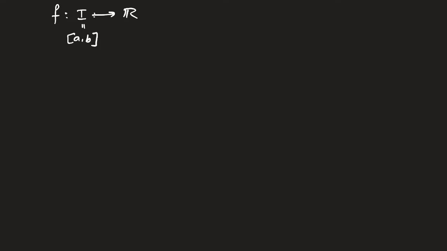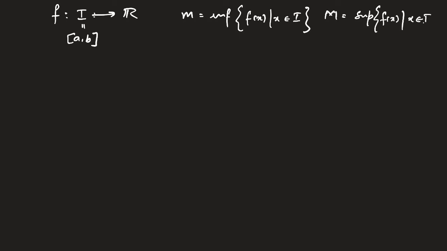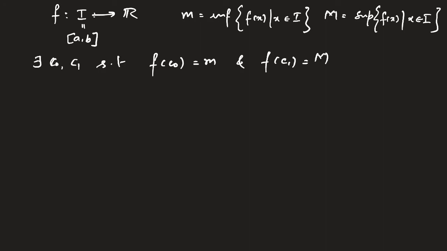We saw that if m is equal to the infimum of f(x) such that x belongs to I, and capital M is equal to the supremum of f(x) such that x belongs to I, then there exist c_0, c_1 such that f(c_0) is equal to small m and f(c_1) is equal to capital M. Further notice that the image f(I) is certainly contained inside the closed interval [m, M].